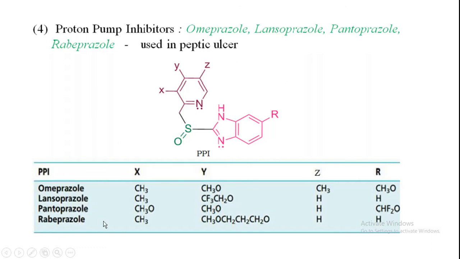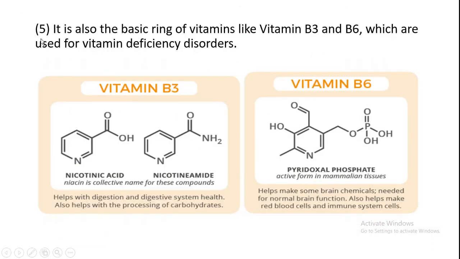Okay. So next, another use is that pyridine is the basic moiety of vitamins like B3, nicotinic acid or nicotinamide, and B6, that means pyridoxine or pyridoxal phosphate, which are used for various vitamin deficiency disorders. For example, it helps in digestion and digestive system health.